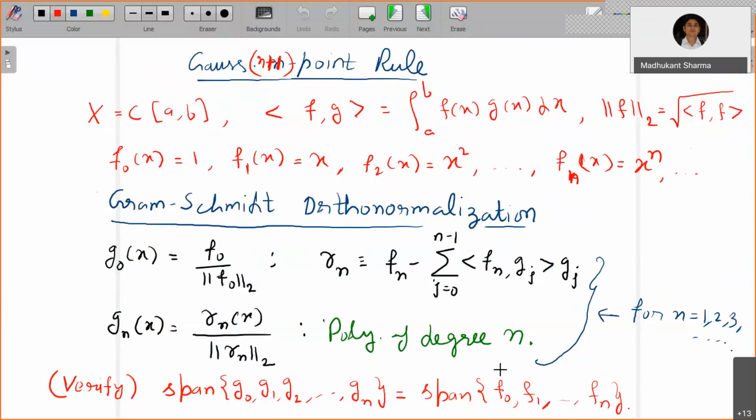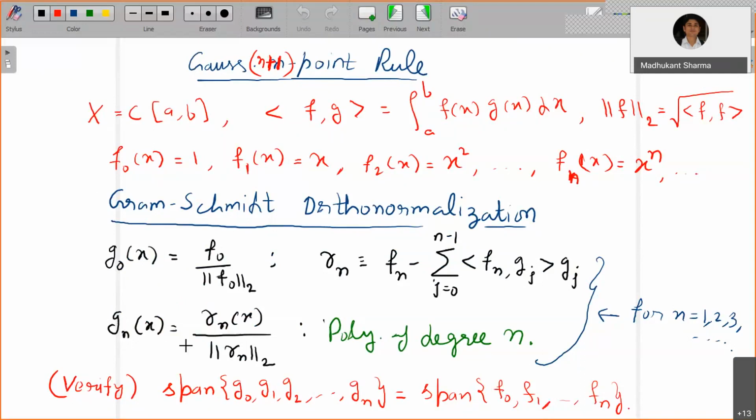What is important here is that if you consider Gn of x, it has n distinct real roots. That is the very important thing here. The roots of these polynomials are called the Gauss points. This is the idea we have used for the Gauss 2 point rule as well.